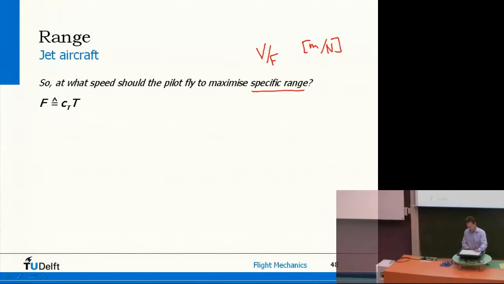And the CT is what we call the thrust specific fuel consumption. So this parameter CT tells you that for every Newton of thrust you generate, you need a certain quantity of fuel. So it's just a given parameter for a given engine.